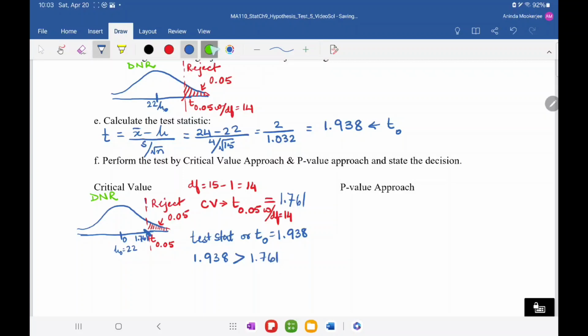Please show that on your diagram too. It'll fall somewhere to the right of the cutoff, the critical value, being greater than 1.761. That's where 1.938 is. It falls in the reject region.